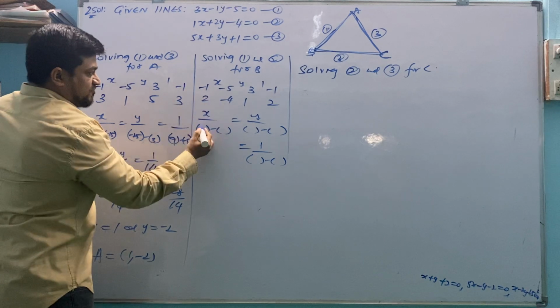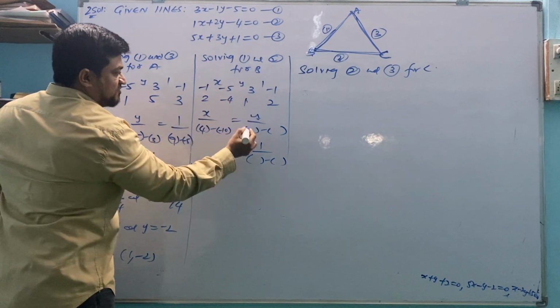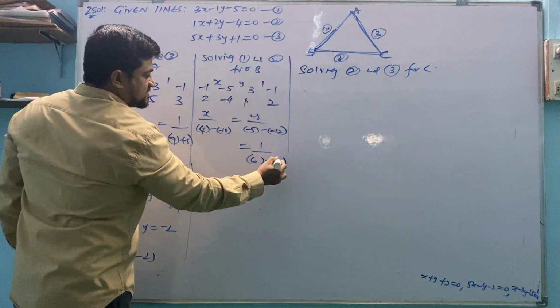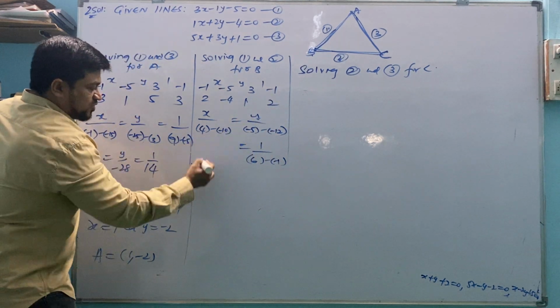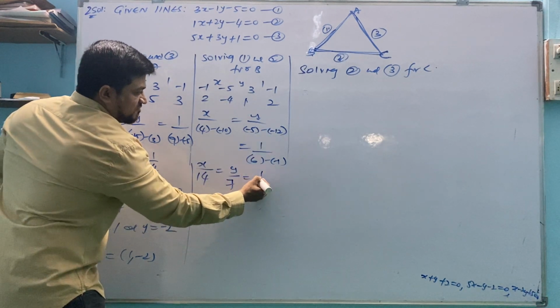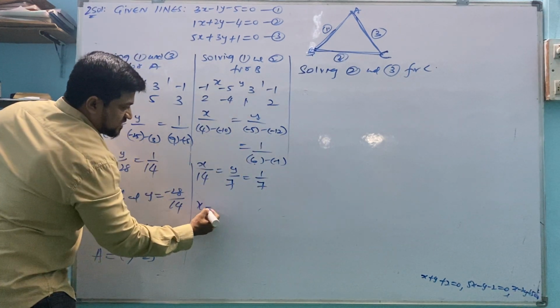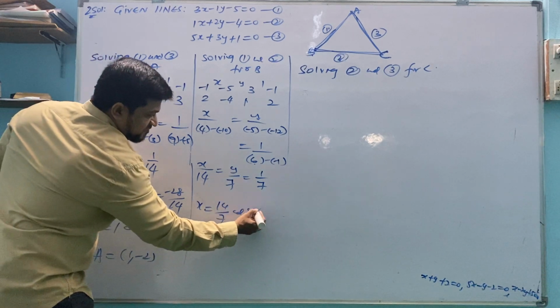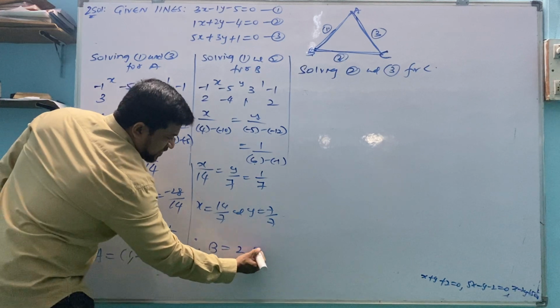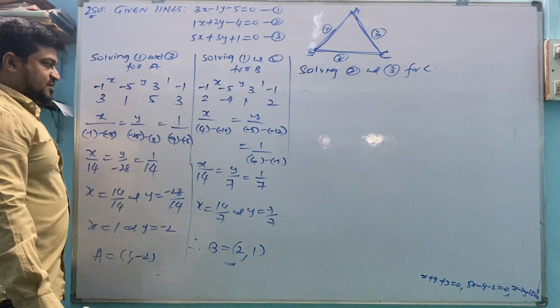So 1 into 4, this is minus 10. 5 ones are 5, this is 12, minus 12. 3 twos are 6, 1 times minus 1 is 1. X by 4 plus 10 is 14. Y by minus 5 plus 12 is 7. 1 by 6 plus 1 is 7. So x equals 14 by 7 and y equals 7 by 7. Therefore, B is 2 and 1.